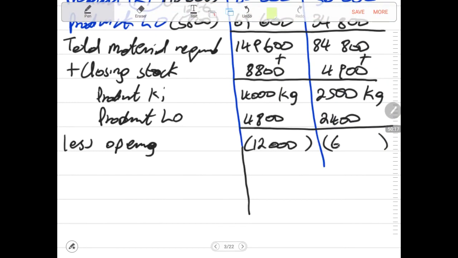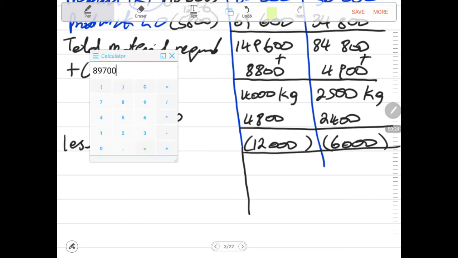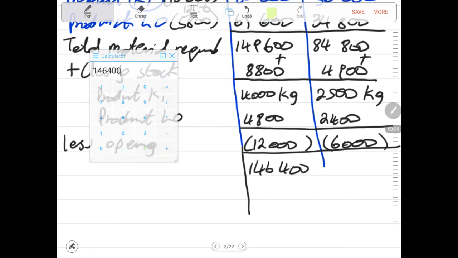Then we are able to say 149,600 plus 8.8 minus 12,000. We get 146,400.